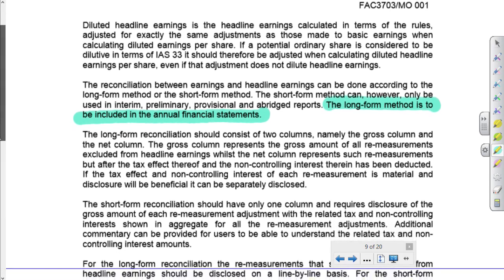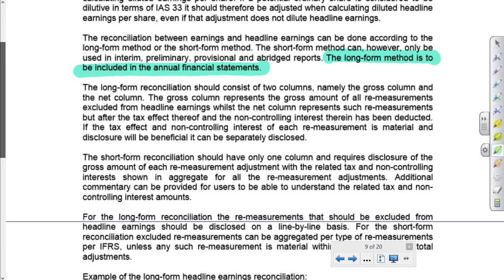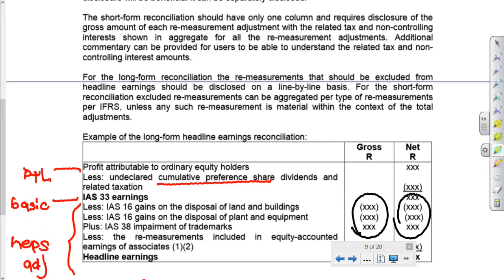All right, so you need to have the two columns, gross and net, and the net column is after tax, after NCI. Okay, so actually just learn the short. After tax, after NCI. And I'm sure I've seen the short form used though in questions.